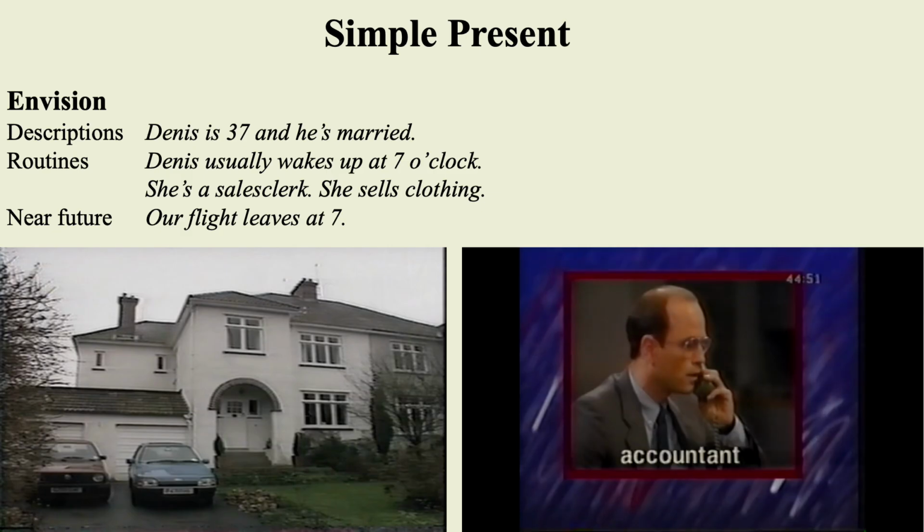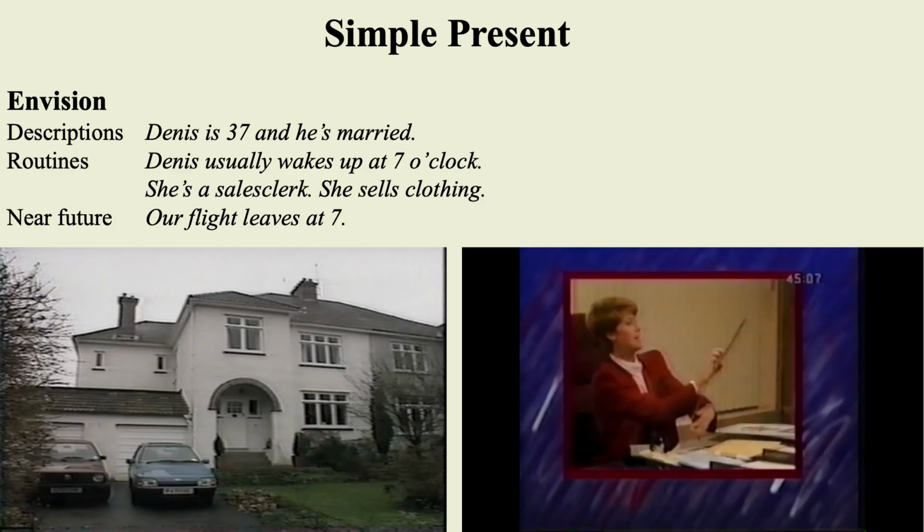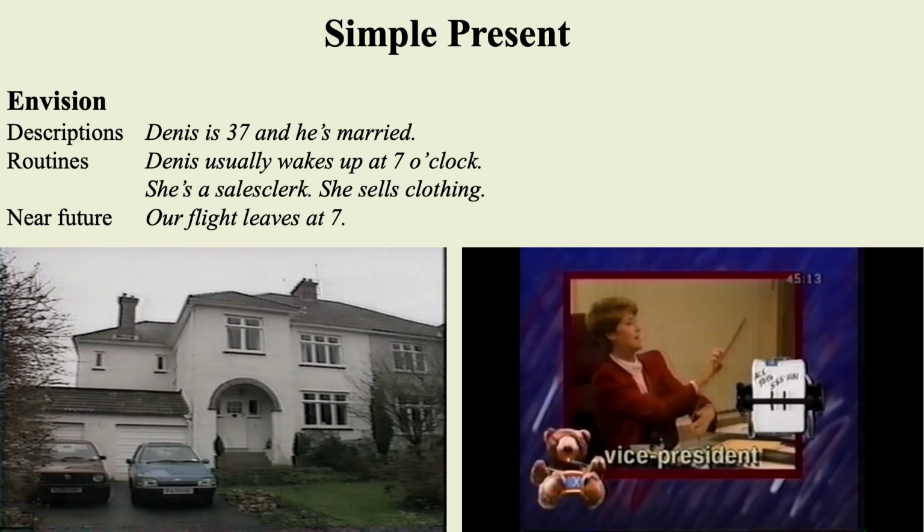He's an accountant. He works with numbers. He's an accountant. He manages your money. He's an accountant. He plans your taxes. An accountant. That's his occupation. His job. She's in business. She's a vice president. A vice president. In a toy company.